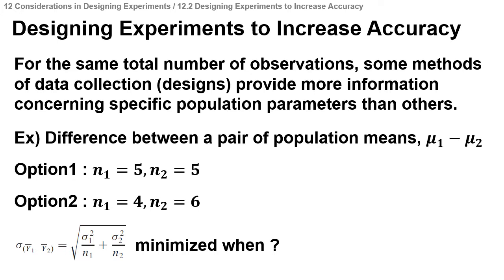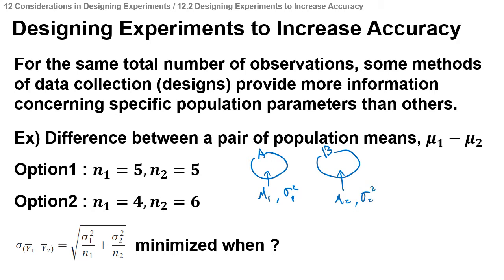Let's say there's a first population, population A, with mean mu1 and variance sigma 1 square.